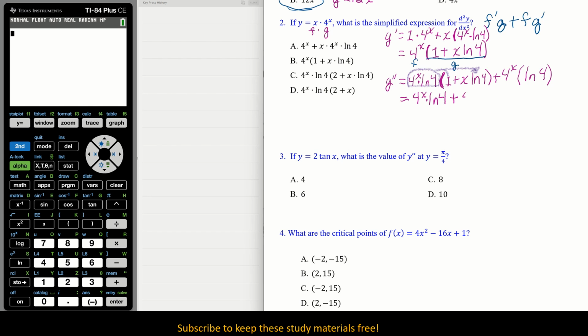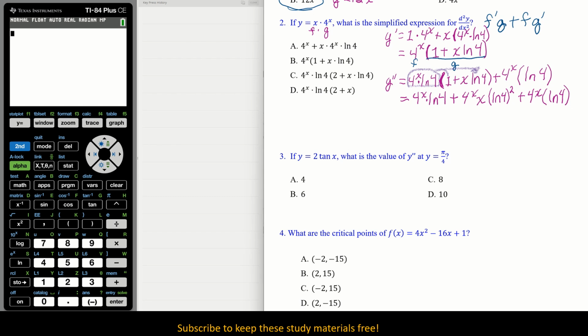I see 4 to the x times x times, I'm going to put this in parentheses, ln 4 squared, plus the 4 to the x ln 4.